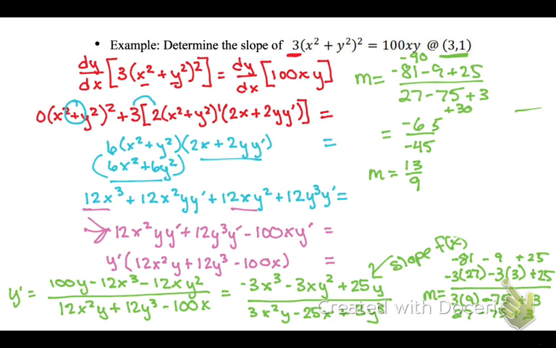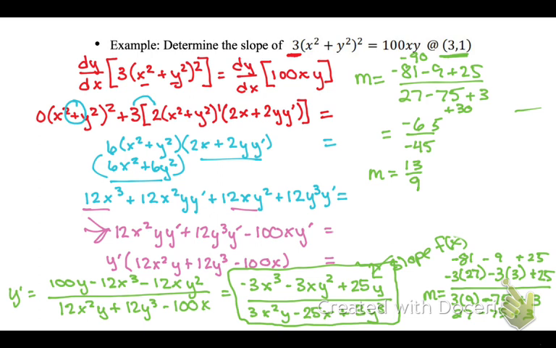Now what if it asks you for y double prime? You'd have to take the derivative of what? This? Sure. Which would mean you would have to use the quotient rule? Or the derivative calculator.